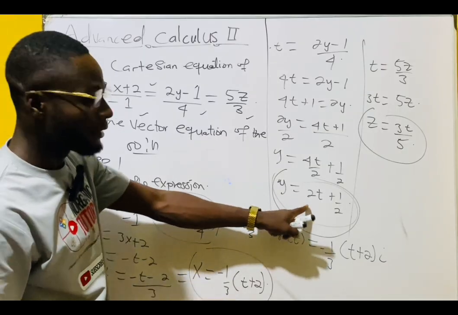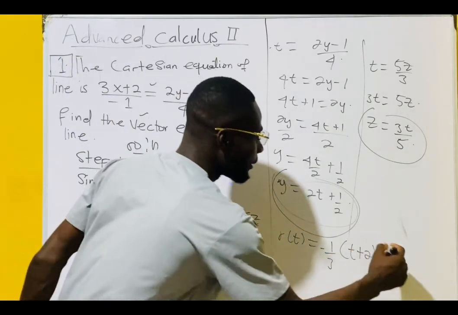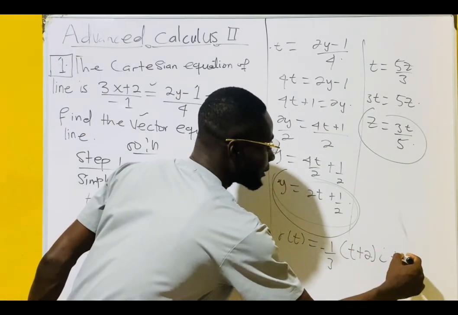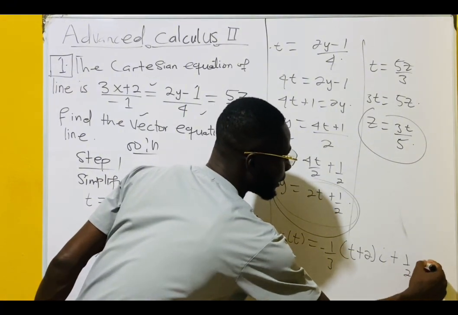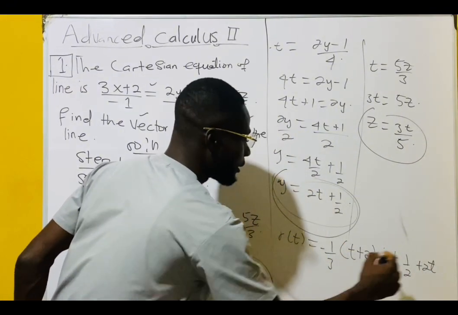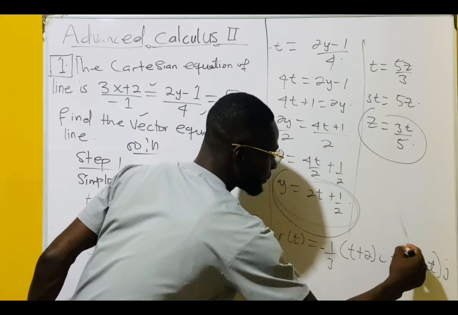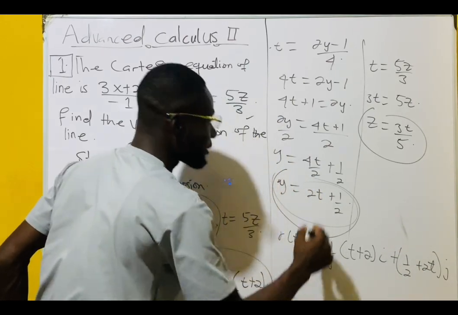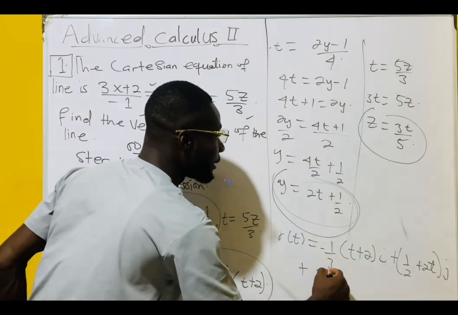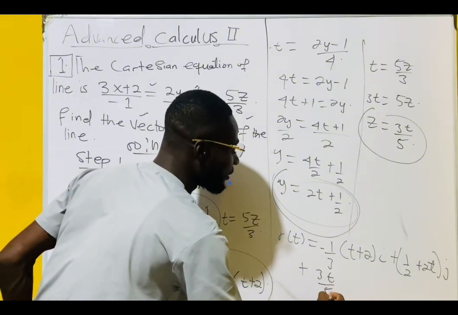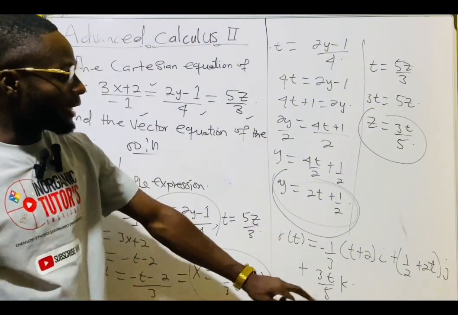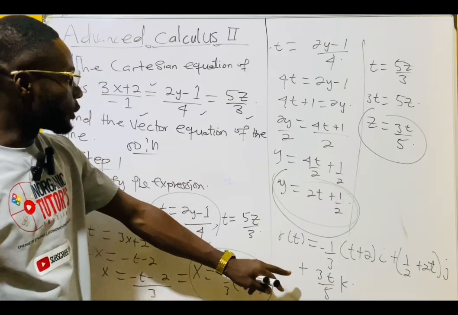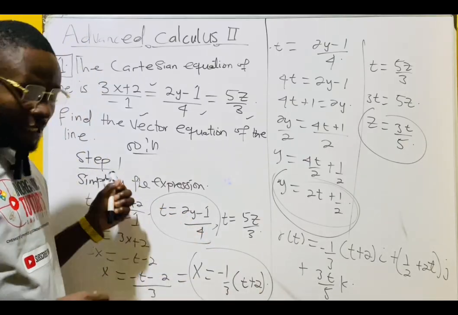Then the second part is going to be plus half plus 2t, or j, plus 3t over 5 k, right? So that is our vector equation of the line, right?